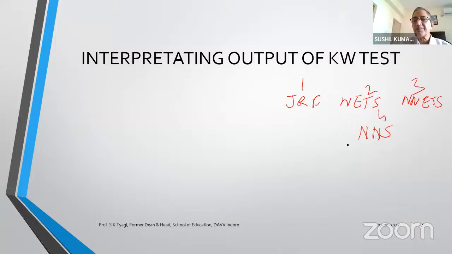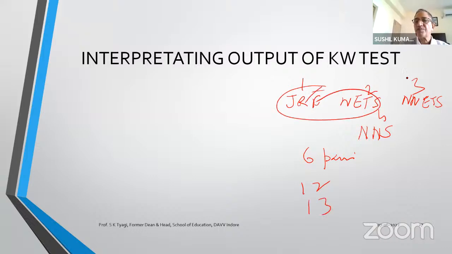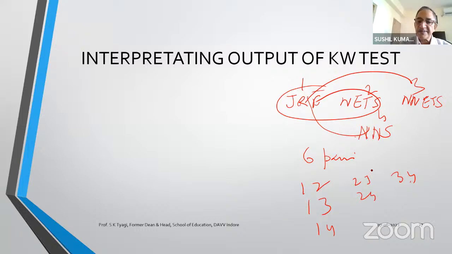So there can be 6 pairs: 1-2, 1-3, 1-4, 2-3, 2-4, 3-4. There can be 6 pairs of comparison. There may be differences in all 6 pairs, or there may be differences in 4 pairs and no differences in 2 pairs. This analysis has to be done to find out which pairs have significant differences.